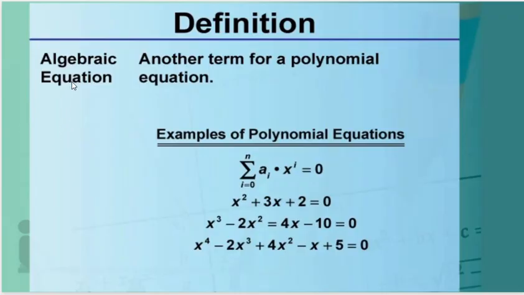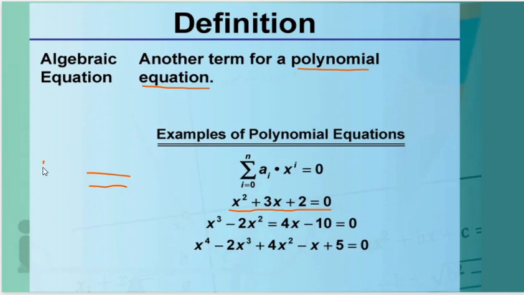Now the definition of an algebraic equation is another term for a polynomial equation. An example of a polynomial equation is x squared plus 3x plus 2 equal to 0. An equation is when you are equating it to another sum or another term.